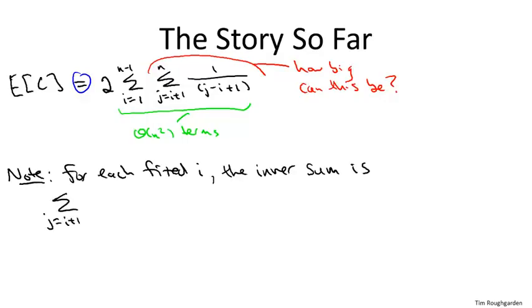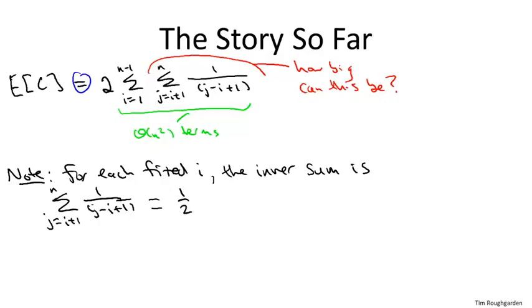So how big can this be? Well, let's first understand what the terms actually are. So j starts at i plus 1, and then it ascends to n. And as j gets bigger, the denominator gets bigger, so the summands get smaller. So the biggest summand is going to be the very first one when j is as small as possible, namely i plus 1. When j is i plus 1, this summand is 1/2.